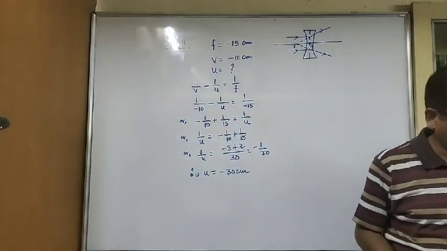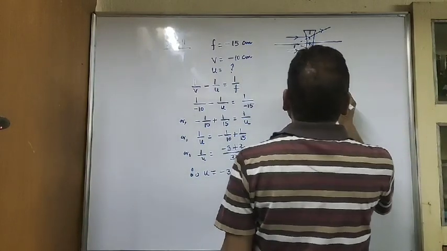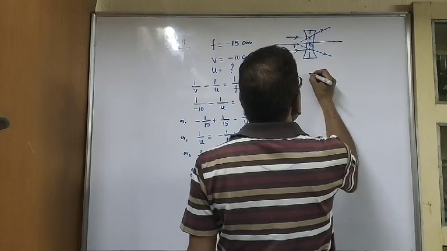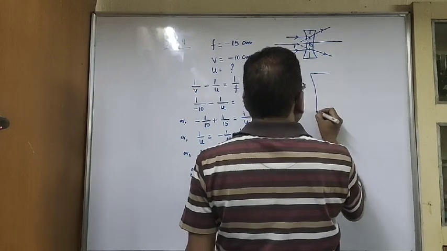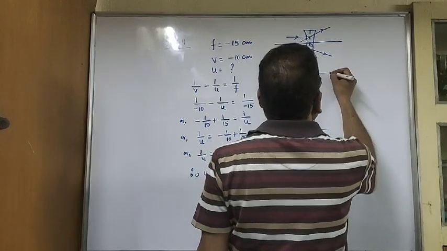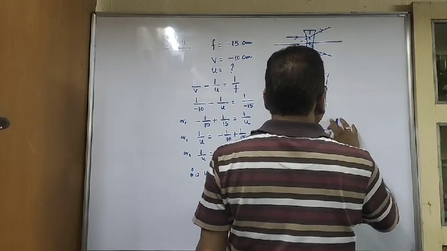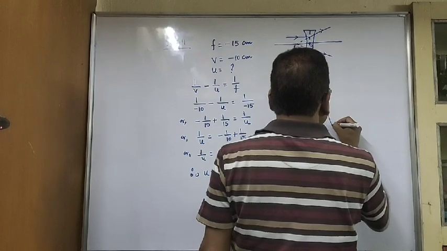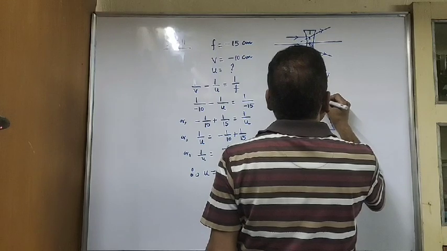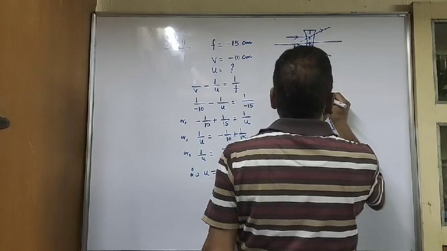Now you have to draw a ray diagram for it. So draw a concave lens. Mark a point at the center of the lens, that is the optical center.